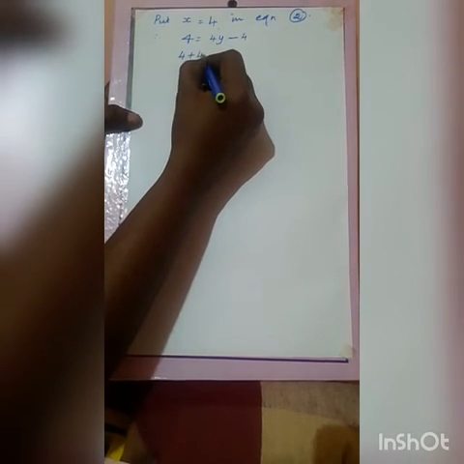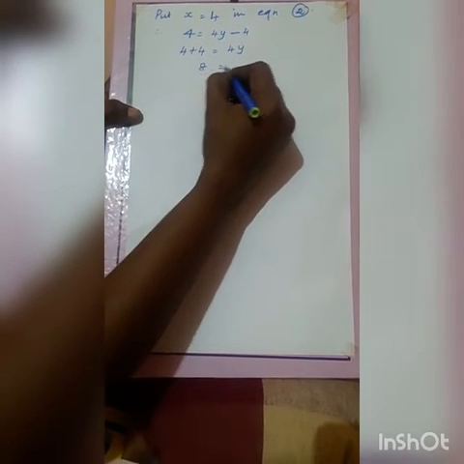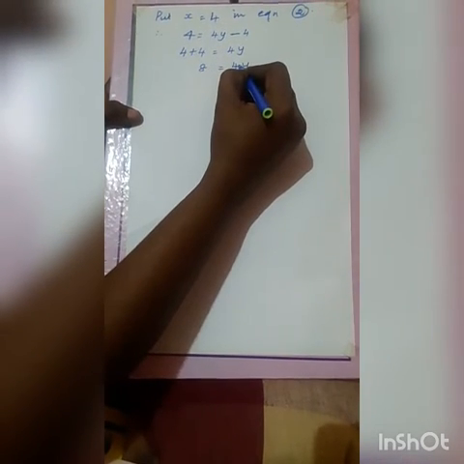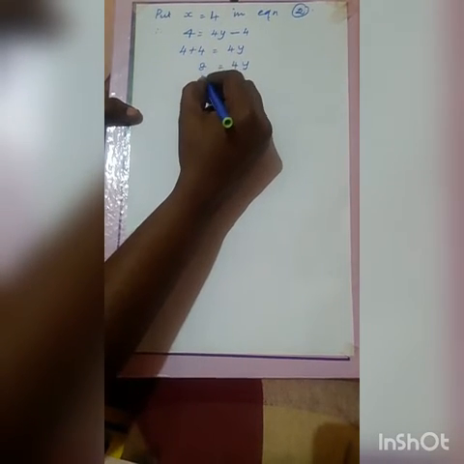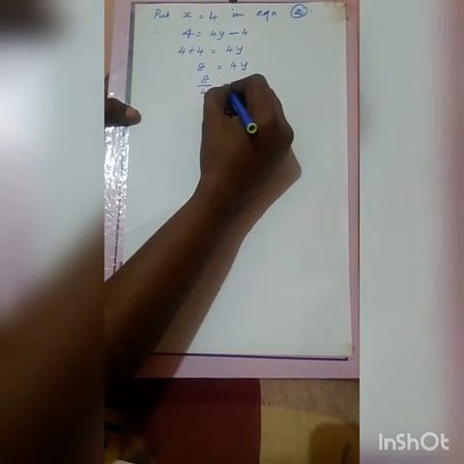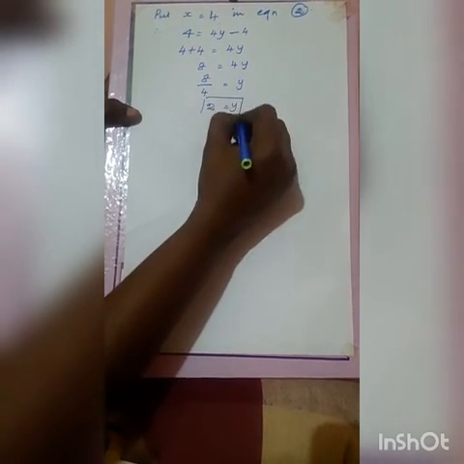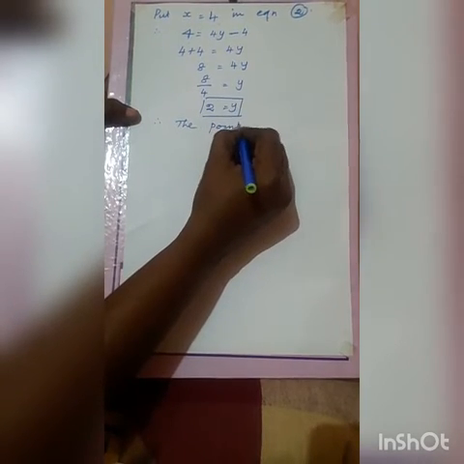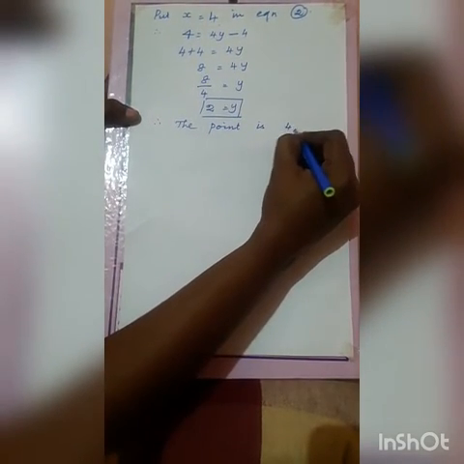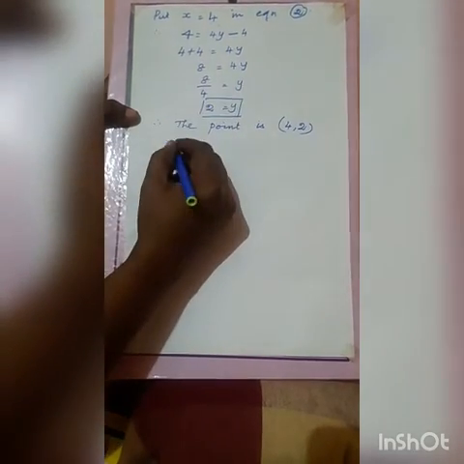Therefore, 4 plus 4 is equal to 4y. 4 plus 4 means 8 is equal to 4y. Here 4 is a multiplication, while transposing it becomes a division. Therefore, 8 by 4 means we get 2. Therefore y is equal to 2. Therefore the point is 4 comma 2.